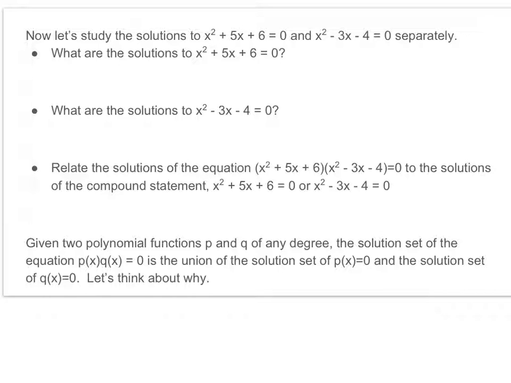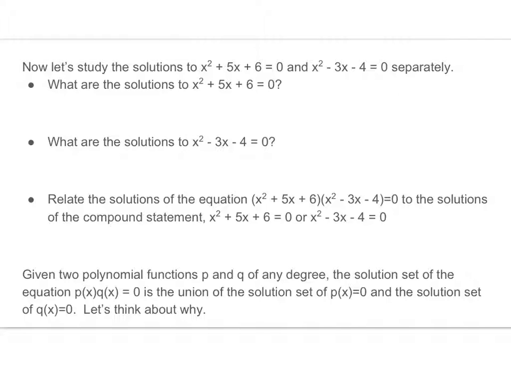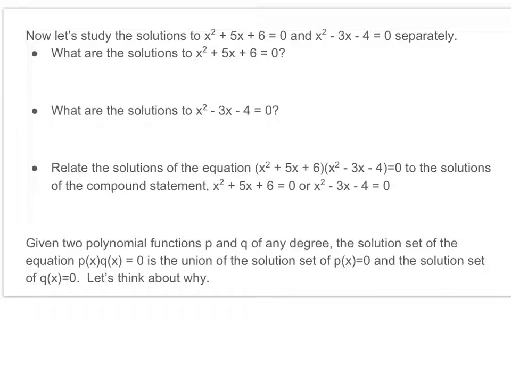So the solutions to x squared plus 5x plus 6 are, I don't need to write out the whole thing, we had the solutions of -2 and -3. Solutions to the other polynomial were 4 and -1.